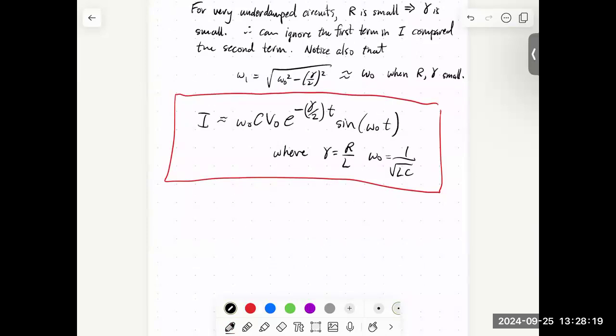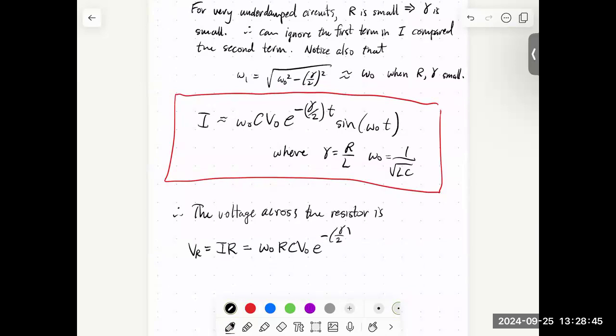Okay, so therefore the voltage across the resistor is VR equals I times R. All we have to do is just put in a factor of R. So we would get omega naught RC V naught e to the minus gamma over 2 times t, times the sine function of omega naught times t.